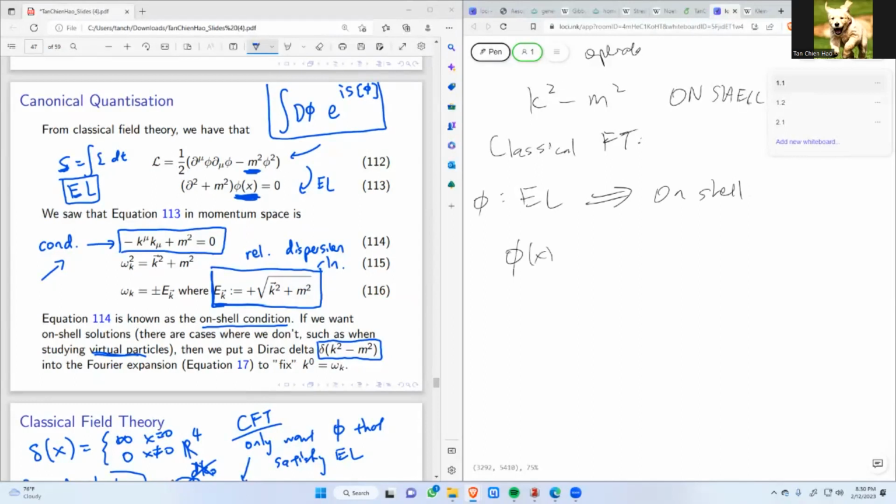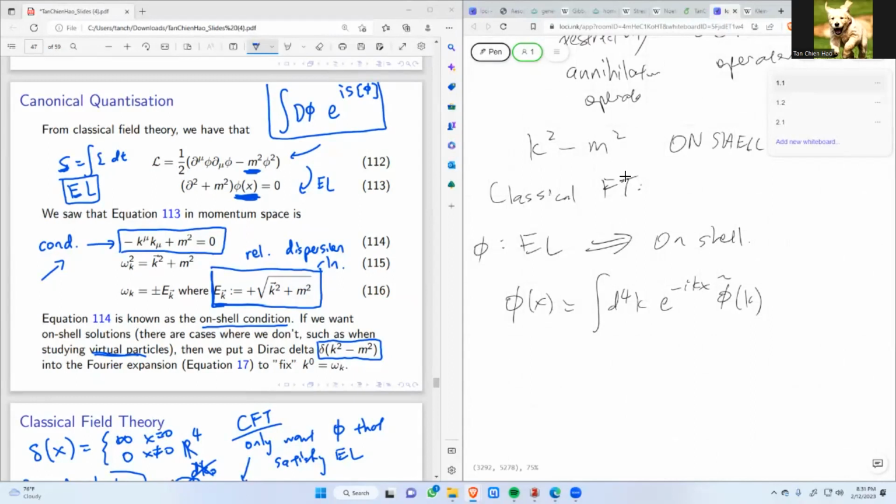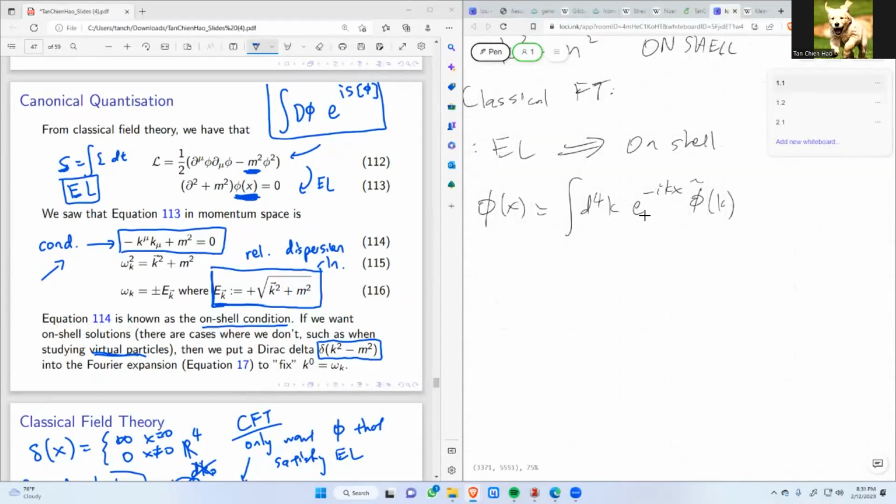If we want to expand phi of x in terms of momentum space, e to the minus ikx phi tilde of k, then it doesn't make sense to expand it freely over all four-momentum, because we only want to expand over the four-momentum that satisfy k squared minus m squared equals 0, the on-shell condition, the Euler-Lagrange equation.